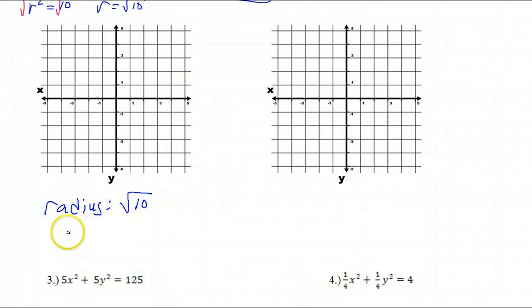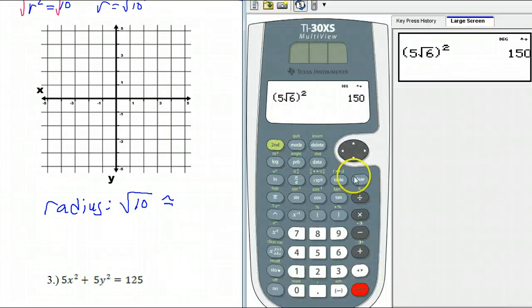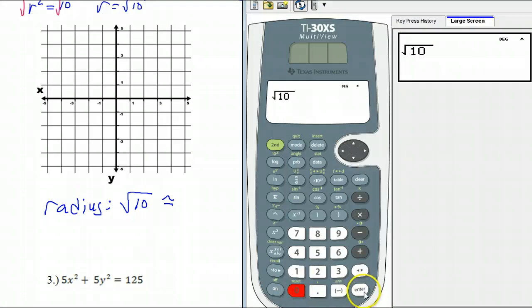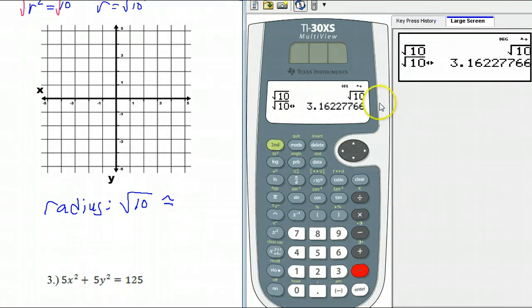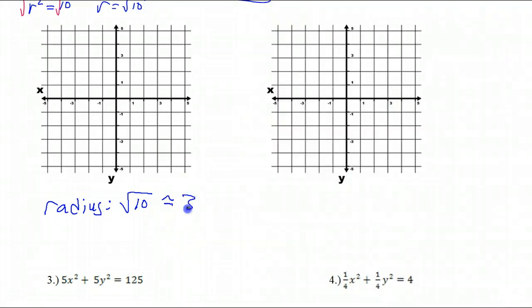Now, in order to graph it, we need to know what the decimal for that is. So that's about 3.16. It's about the best we can do. It's a little bit more than 3. So this is the radius, so it should be the same in all directions.